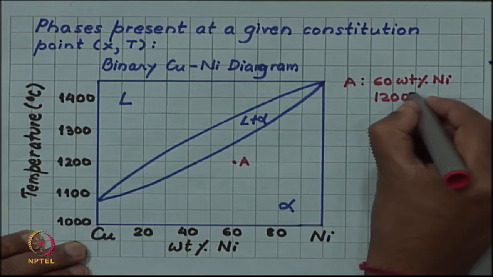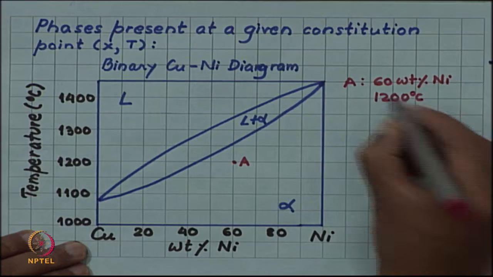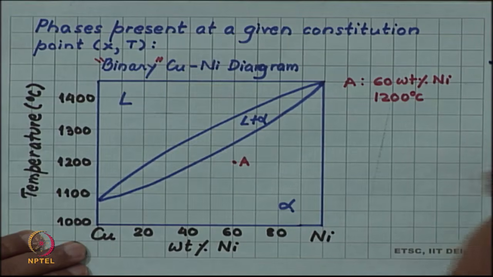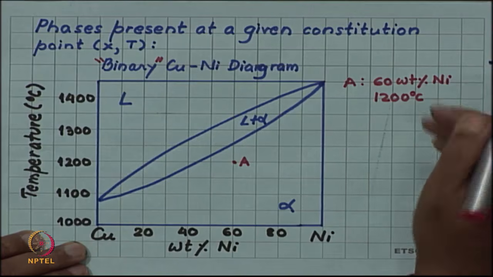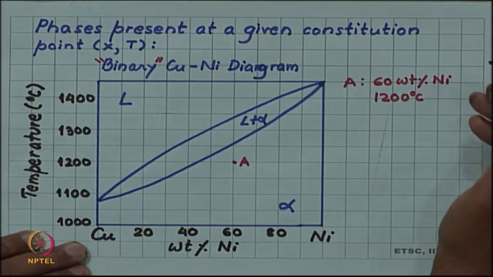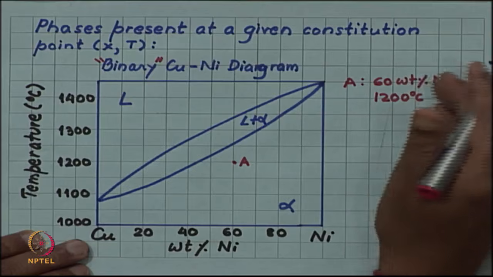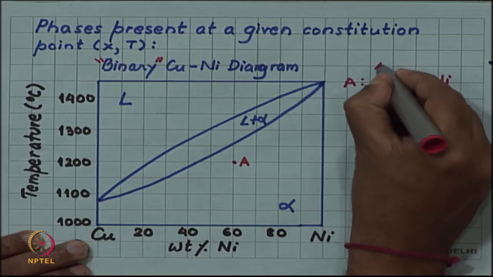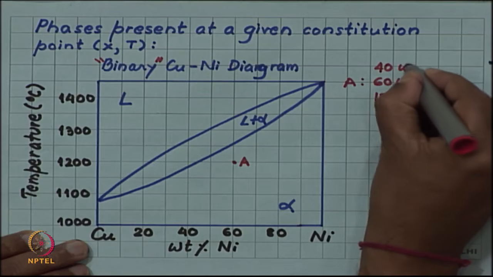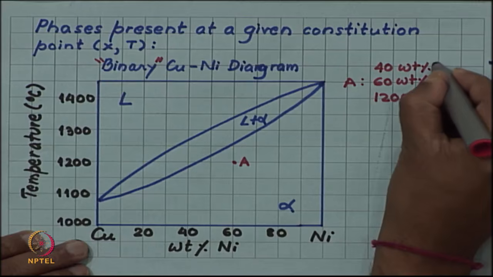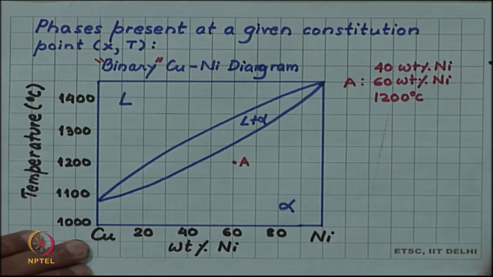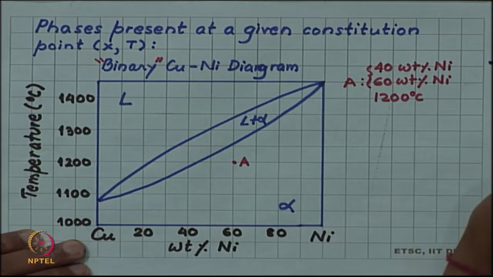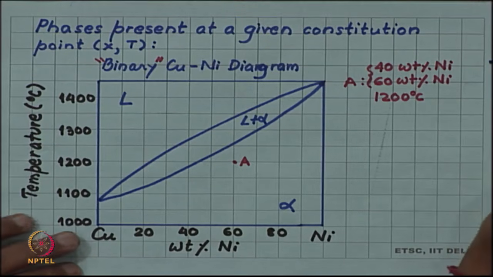So, a 60 weight percent nickel alloy, and I am only writing 60 weight percent nickel because we have binary alloy. This is the convention in binary alloy, since the other component obviously will be 100 minus the component which you have given. So, for example, 60 weight percent nickel automatically means that it is 40 weight percent copper. If you so wish, you can write it, but giving the proportion of one component is sufficient to define the composition for a binary alloy.